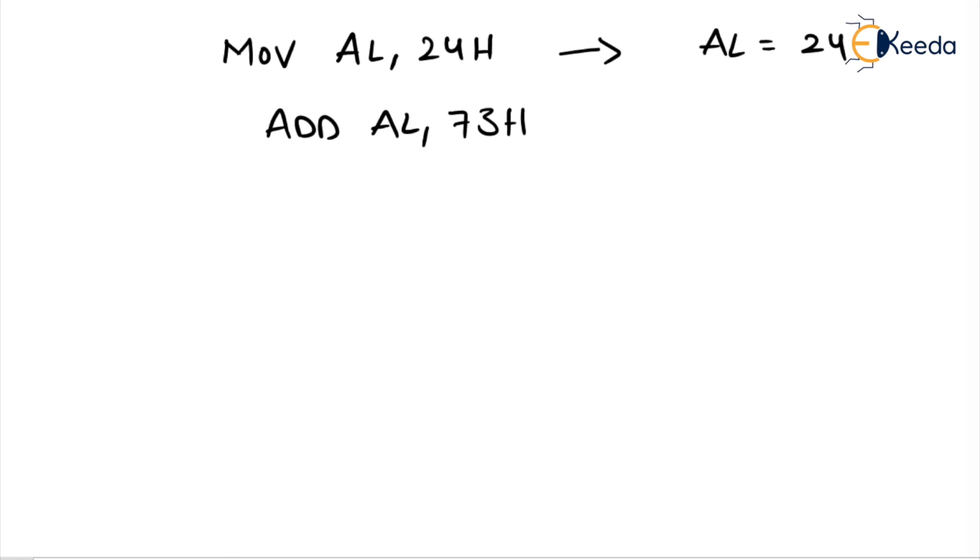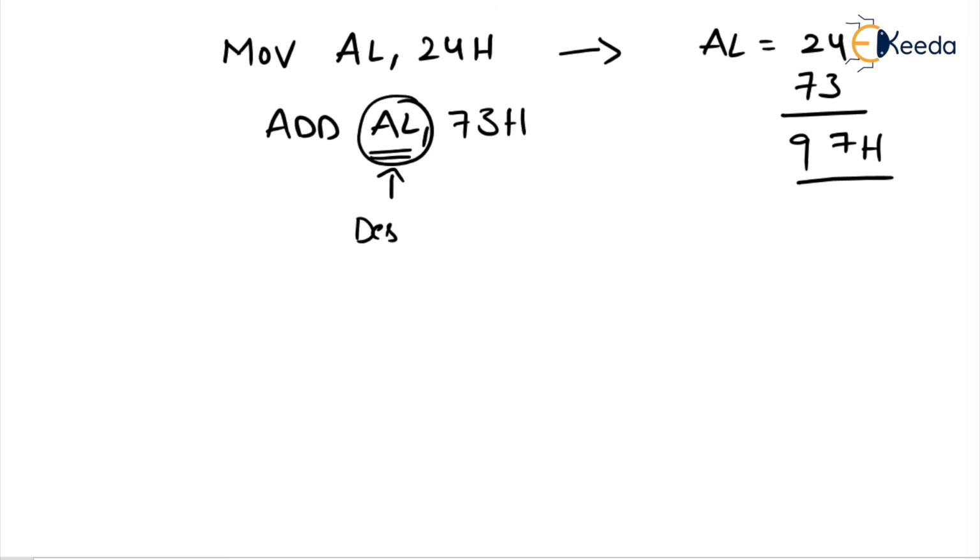Initially in AL the data is 24. Now we add 73: 4 plus 3 is 7, 2 plus 7 is 9. So the output is 97. The result will be stored in the destination, AL. This is very, very important. So AL is equal to 97H.